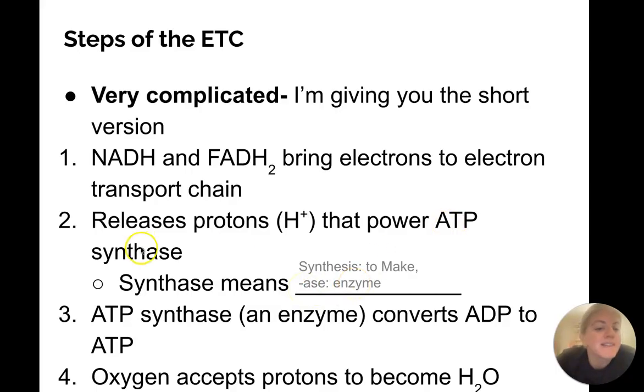So ATP synthase is an enzyme that synthesizes ATP. So ATP synthase makes ATP by converting ADP to ATP. So it's kind of like a little rotor, and the protons go in, and it spins, and it pops out ATP. And then, like I said, at the end of the line, oxygen is waiting to accept the remaining protons to become H2O or water.